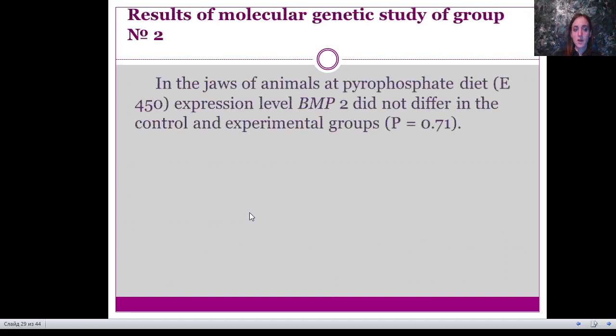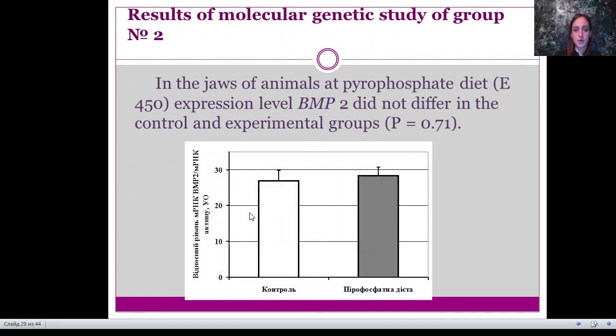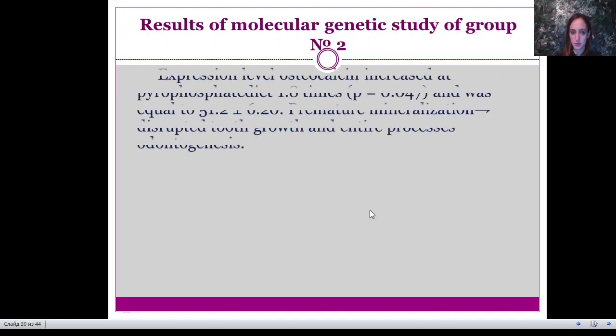And results of the second group. The jaws of animals on pyrophosphate diet, it's remember additional E450. Expression level of BMP2 did not differ in the control and experimental group. So it's control group and a pyrophosphate diet.